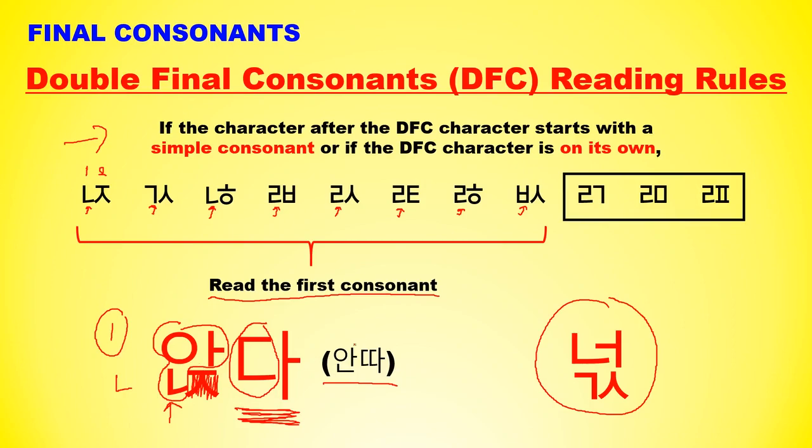And then your next question might be, but this character over here is ta, not ta. This is your tensed sound. Why is it anta and not anta? And the answer to the question is because we need to be able to differentiate between characters with double final consonants and characters with only a single consonant.